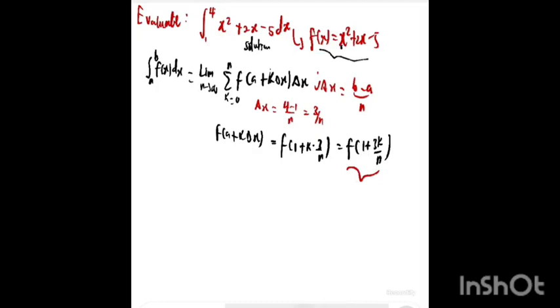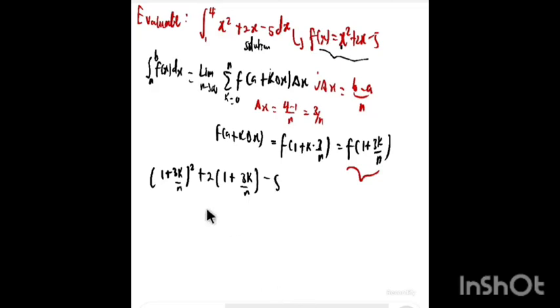I hope we are getting it. So instead of writing x here, I could write 1 plus 3k over n to the second power, plus 2 into bracket 1 plus 3k over n, minus 5. The next thing we're going to do is to simplify completely.